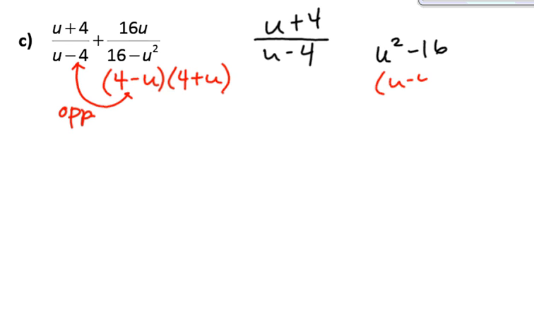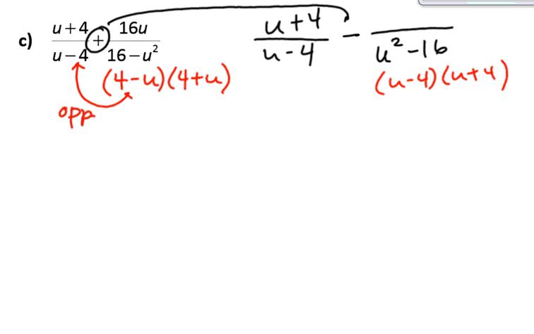That way you can have a u minus 4 times u plus 4. All right, so that these two would be now the same. But when you switch those, you have to switch that positive to a negative. Okay, we did that before. And then the numerator is just 16u. So again, the reason for doing that is so that these could now be the same, and it would be a little bit simpler.